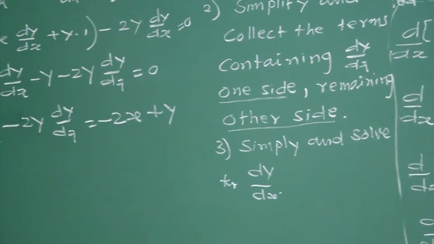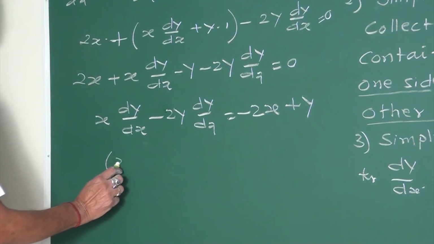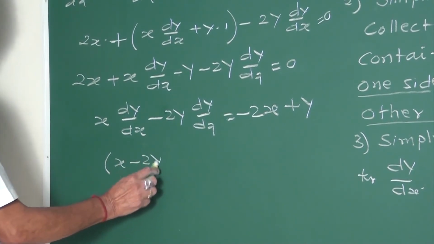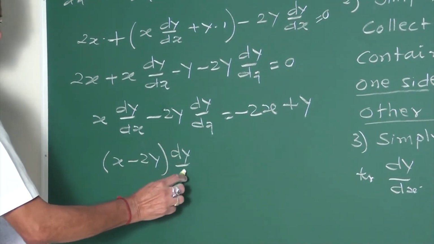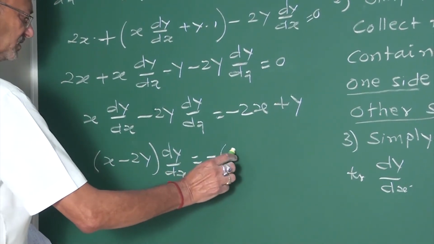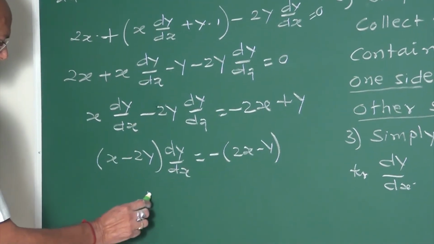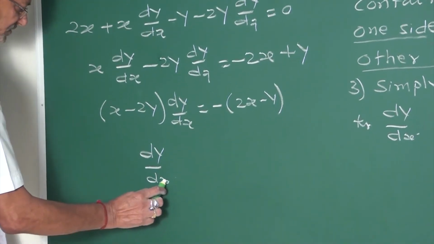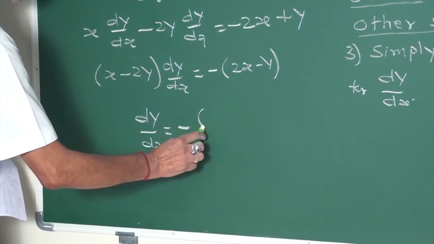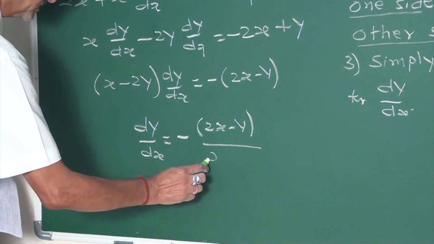Simplify means you have to take dy by dx common: (x minus 2y) into dy by dx. Here you can take minus outside: it is 2x minus y. Solve for dy by dx. So dy by dx equals minus (2x minus y) upon (x minus 2y).